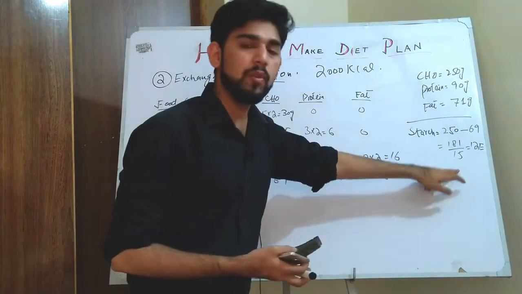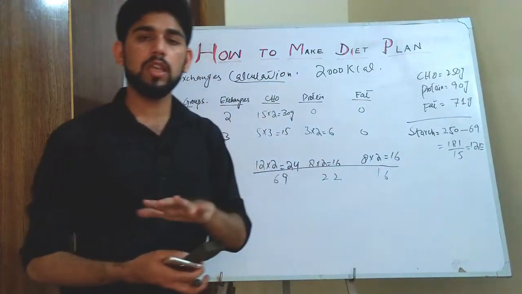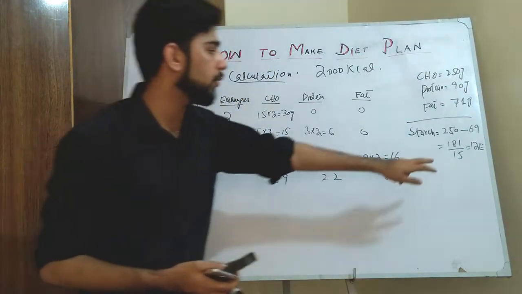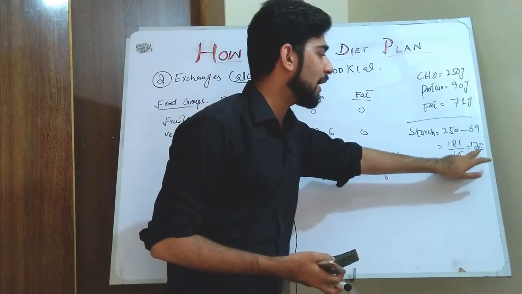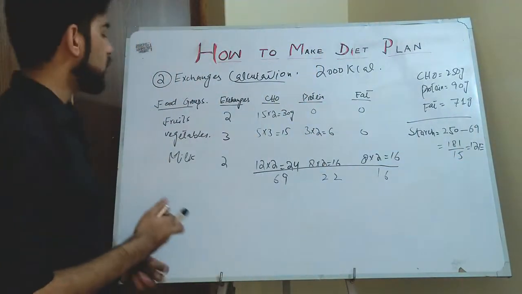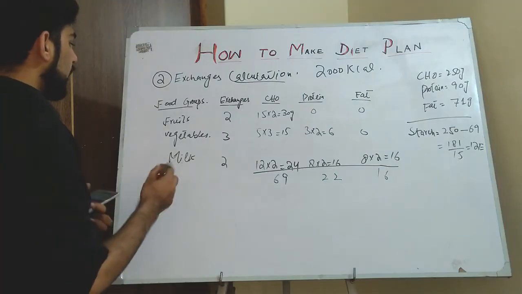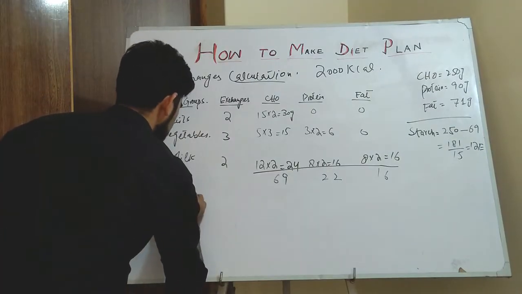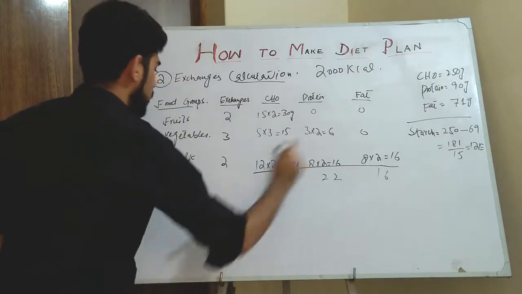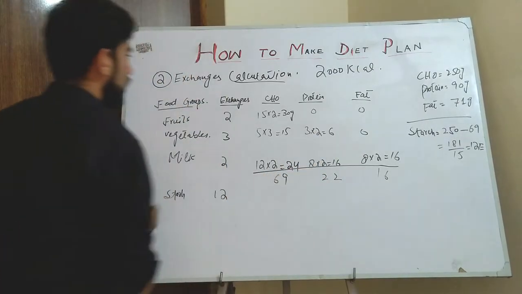That comes to 181, and we divide by 15 because one exchange of carbohydrate or starch gives you 15 gram carbohydrate, and we get 12 exchanges of starch. Here I will write food group starch, and total exchanges of starch 12.